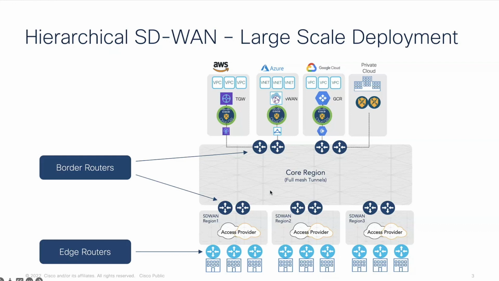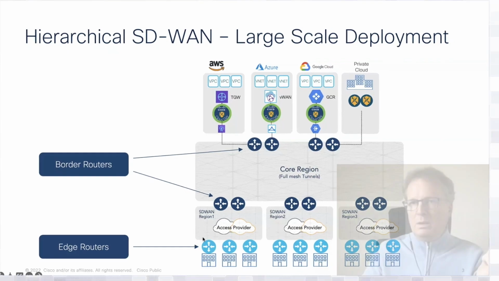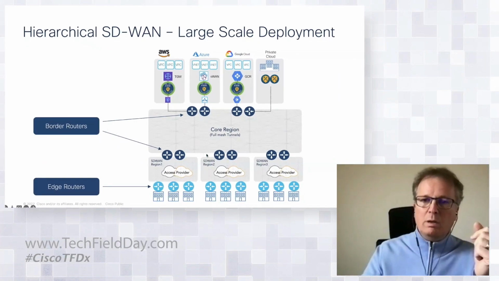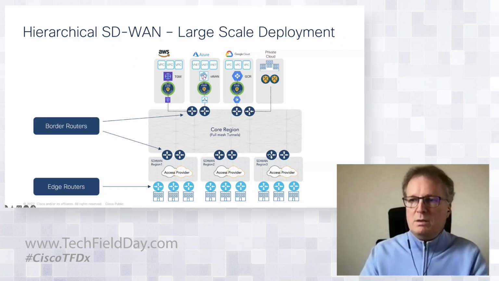When you do that, it's very simple. You just have to give two parameters. One is the region ID, and one is the role. And by default, all devices are edge routers, so normal SD-WAN devices, and you just have to define the role for these devices.